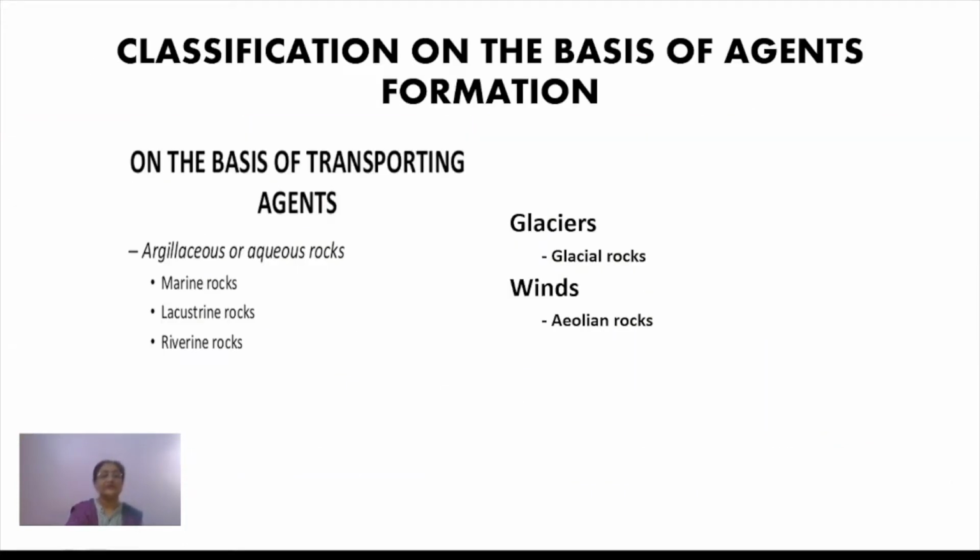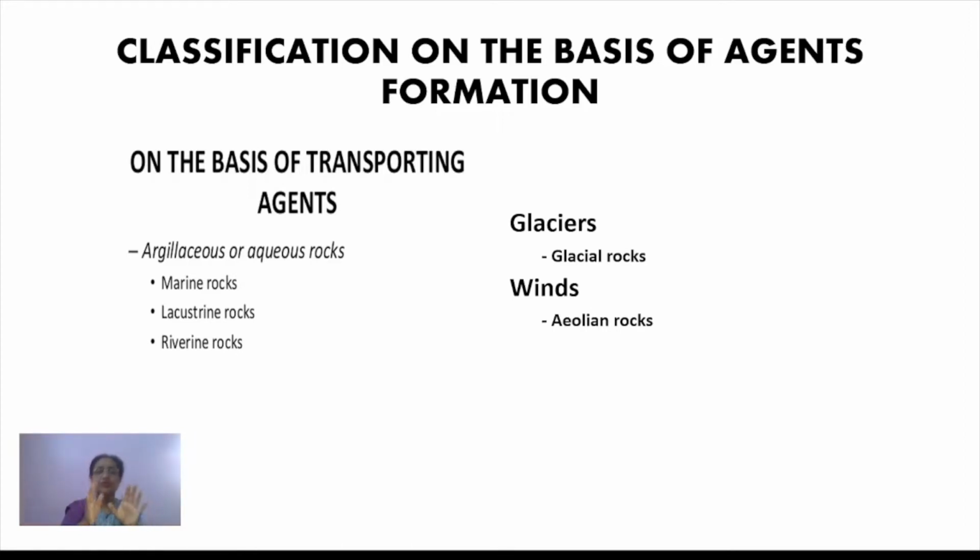Now the classification on the basis of agents of formation. What does this mean? On the basis of the transporting agents. Like you must have heard in the beginning, I told you that various agents of gradation carry the weathered particles or the sediments of rocks from one place to another and deposit all these sediments, and that results in the formation of a rock called a sedimentary rock.